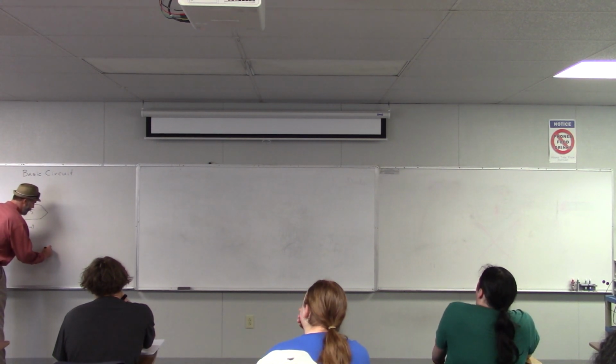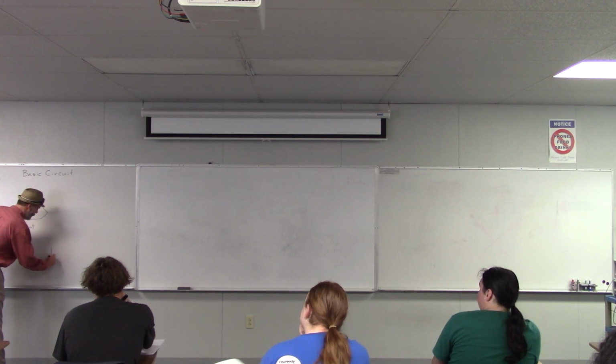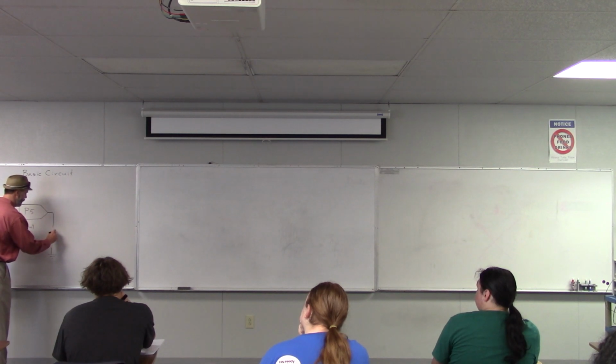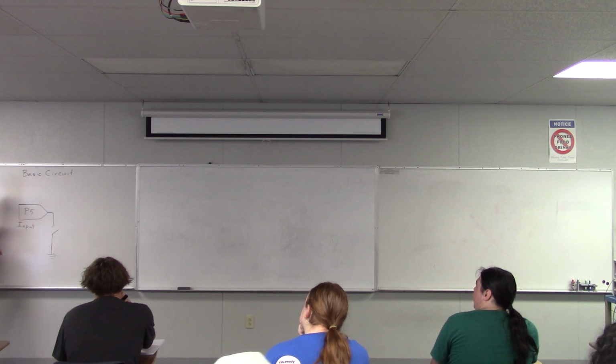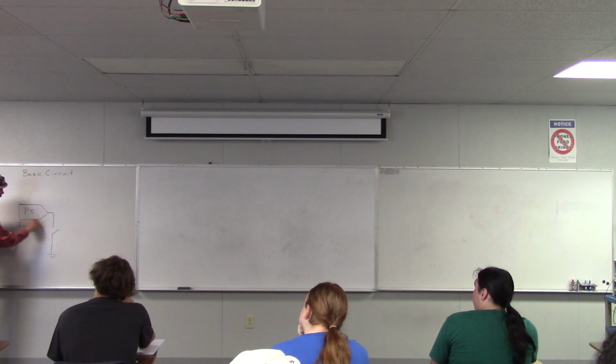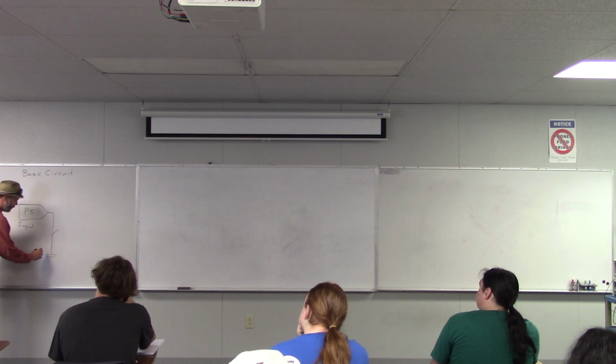What we did is we had ground down here, and then we had a switch like this, and when the switch is closed, it's essentially a direct connection between this pin and ground.